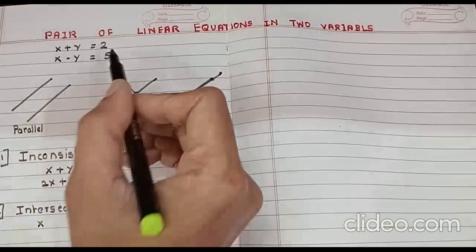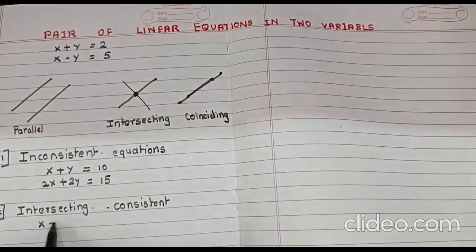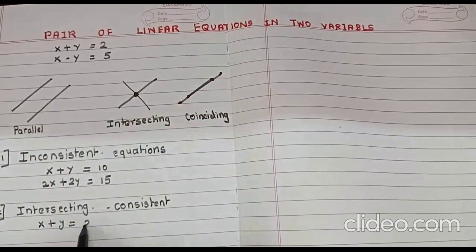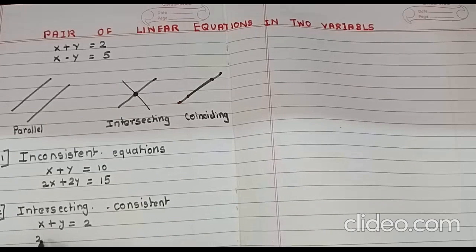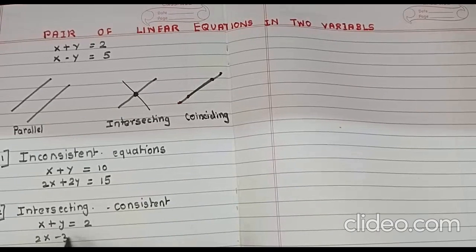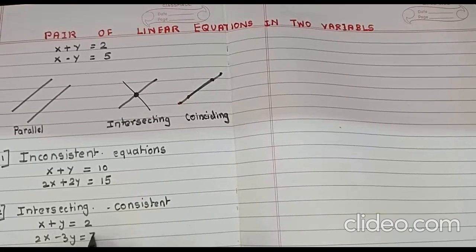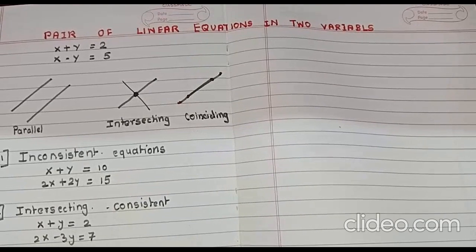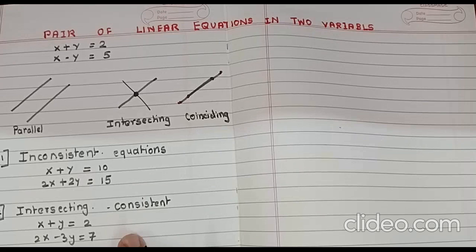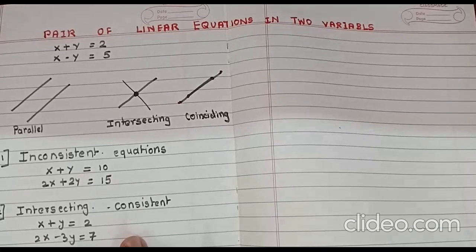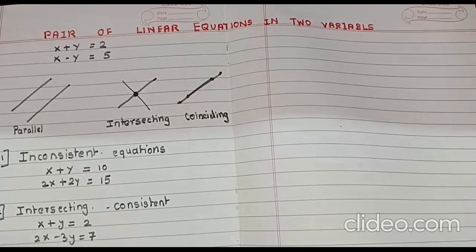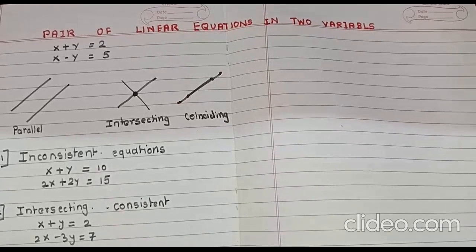Another one, which I have given you first, or you may have x plus y is equal to 2 and 2x minus 3y is equal to 7. These equations are the examples of consistent equations. You have a unique solution.